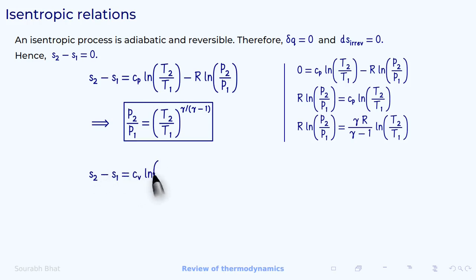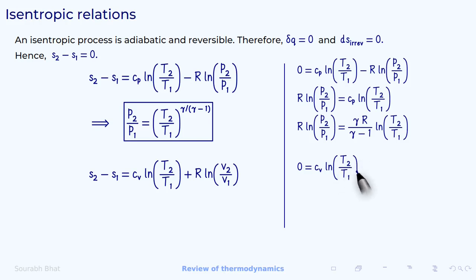Similarly, we have seen this equation relating the entropy with temperatures and specific volumes. Setting the left-hand side of this equation to 0, and writing Cv in terms of R and gamma gives us this equation.